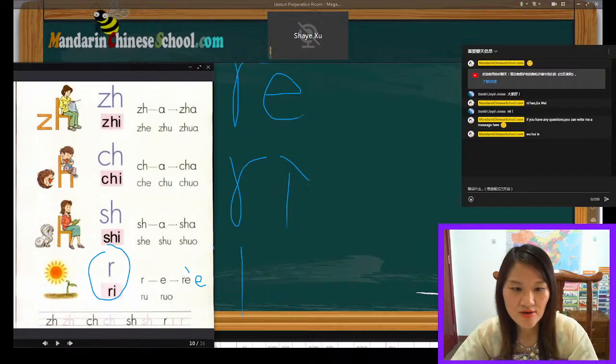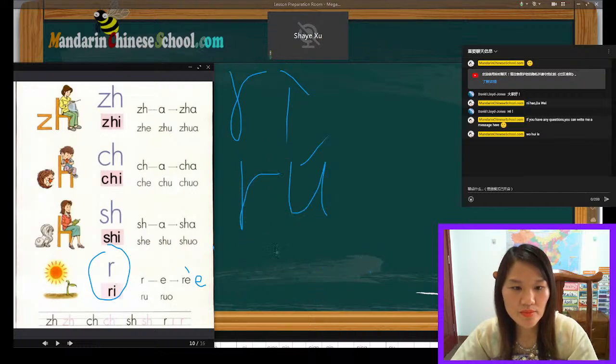And this one is 如果, which means if. 如果, can you say 如?